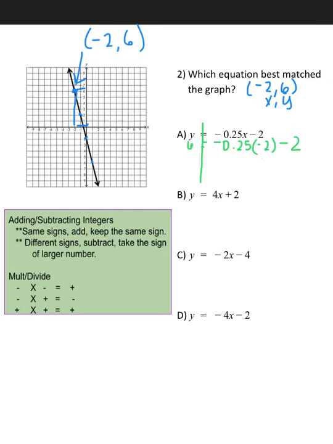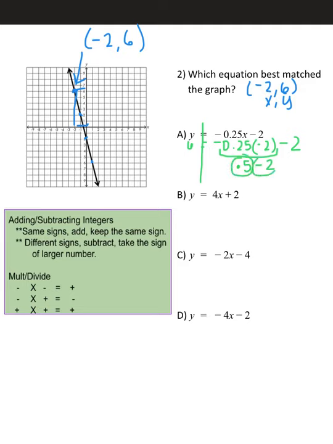All right, so moving along to my calculations, I have the table of integer rules over here again. So when I look at the first part, I'm going to be doing a negative times a negative, and according to the table, a negative times a negative is a positive. So then I'm going to do 0.25 times 2, and that's going to give me a positive 0.5, bring down the -2, and 0.5 minus 2.